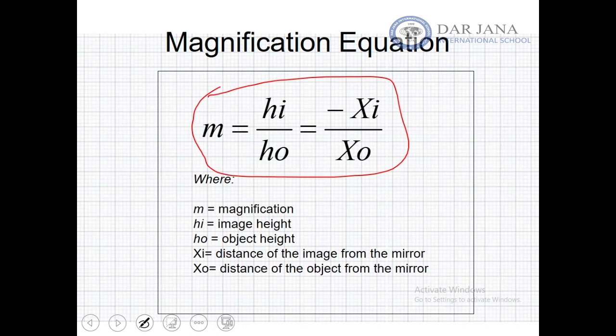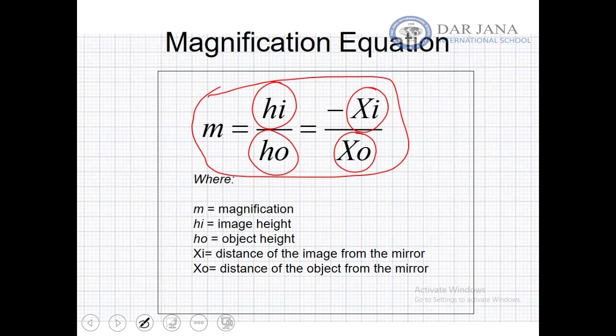M stands for the magnification. It's unitless. HI stands for the height of the image. HO stands for the object's height. XI stands for the distance between the image and the mirror, where XO stands for the distance between the object and the mirror.